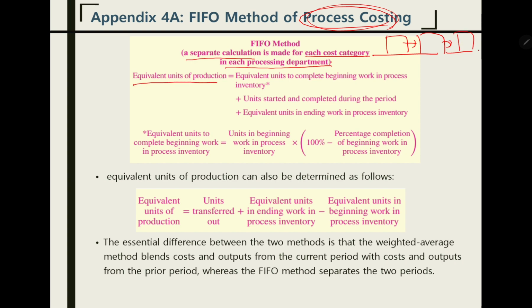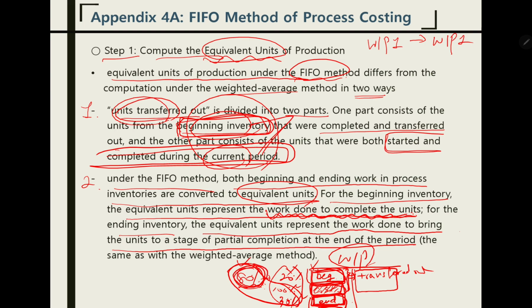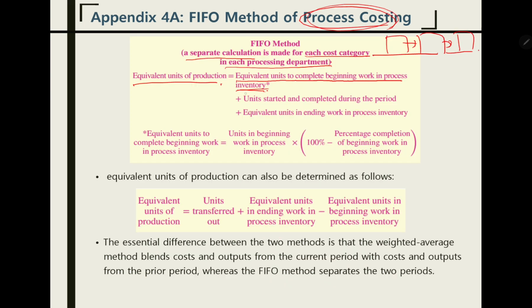So equivalent units of production is equivalent units to complete beginning work in process inventory, for example this is 80%. And then we add units started and completed during the period, right?